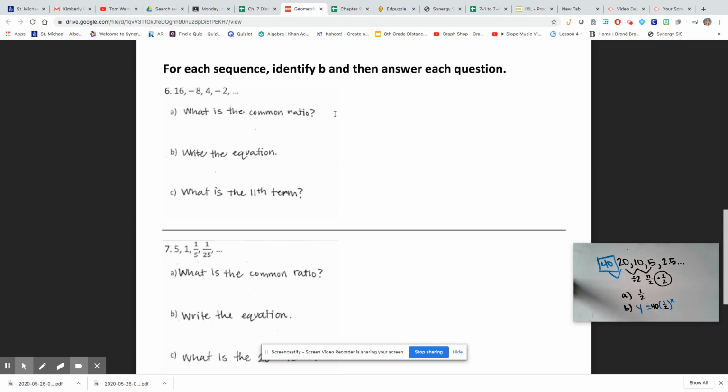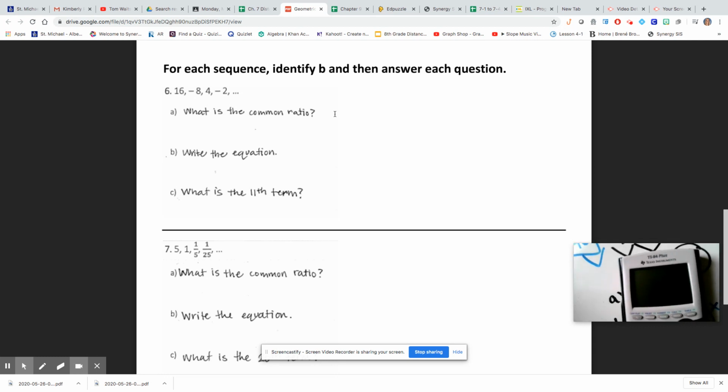And then it says, what is the 11th term? So if I have to do the 11th term, I'm going to grab my calculator and use it to help me out here a little bit. I don't know how well you can see that, can you? There we go. So I'm going to take 1/2 to the power of 11. And you see how I have this e negative 4?